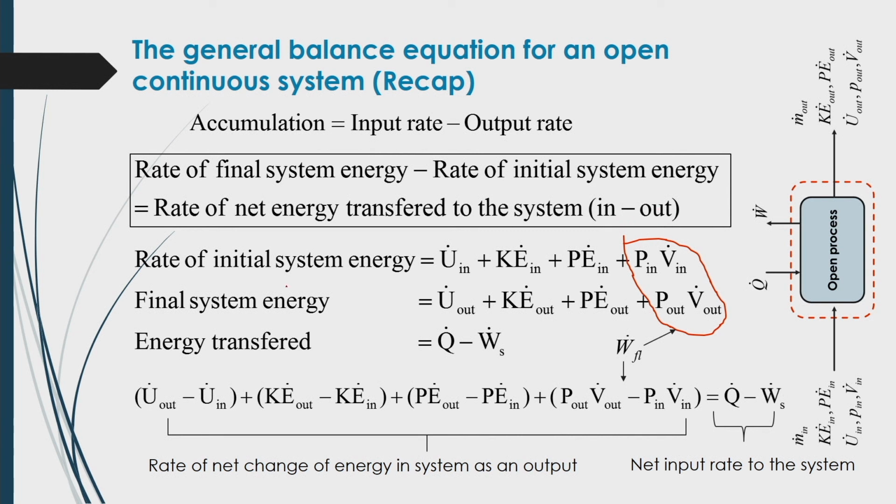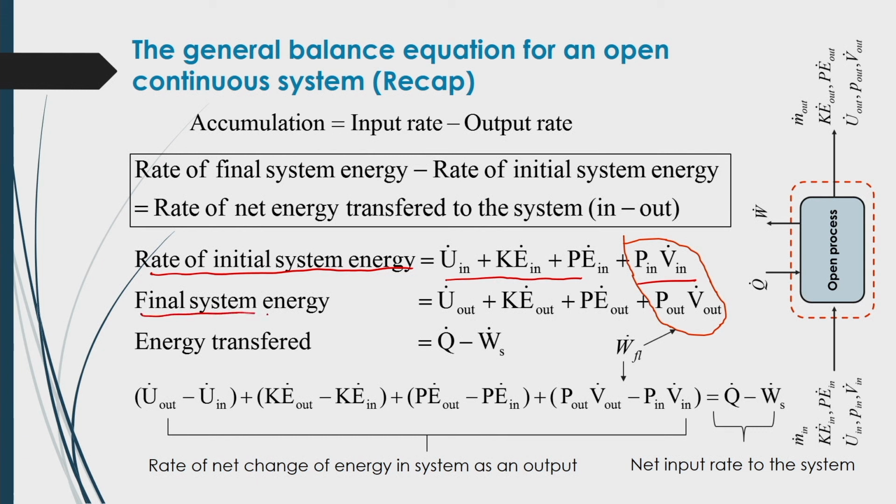Based on which we can write that the rate of initial system energy will be the summation of internal energy, kinetic energy, potential energy, and flow energy or flow work at the inlet condition.